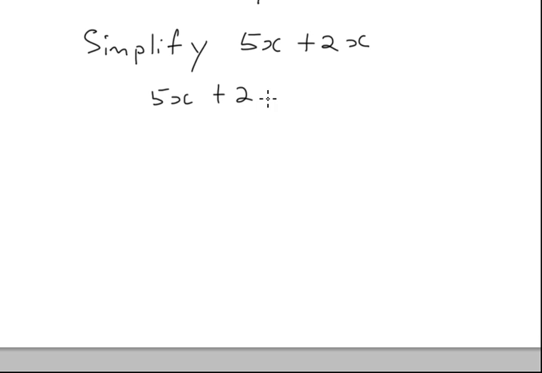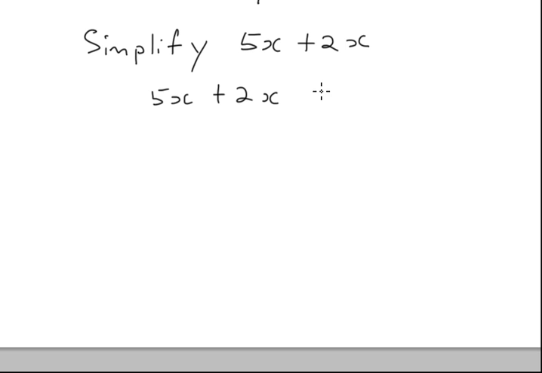So now let us look at another type of example that asks us to, instead of finding the value of, simplify an expression. For example, let's say 5x plus 2x. So to simplify this expression, I put 5x plus 2x.